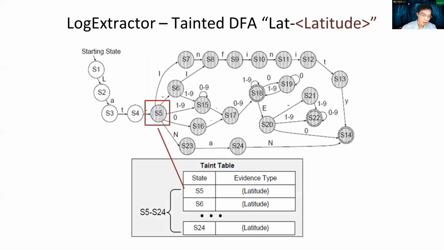Besides the DFA, we add a Taint table for each state within the DFA to track evidence type propagation in the app program. In this example, any character matched by the right-hand side will be a part of the latitude string output.